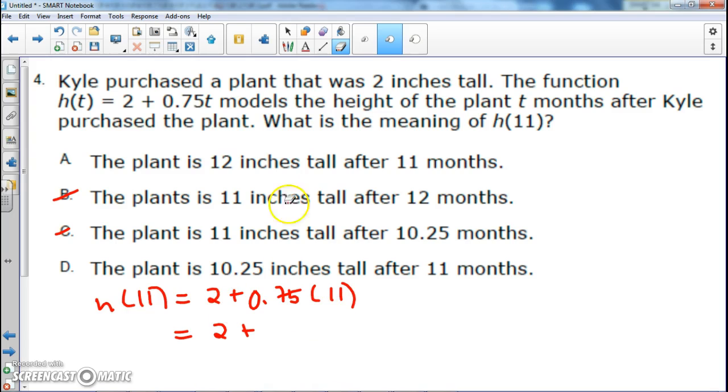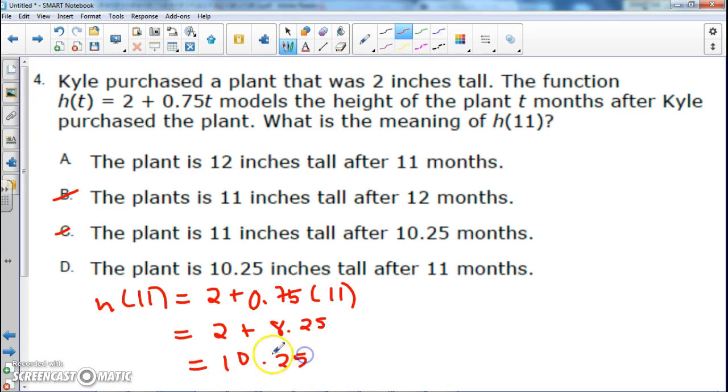I apologize. 8.25, and 2 plus 8.25 is 10.25. So your correct answer would be D. The plant is 10.25 inches tall after 11 months.